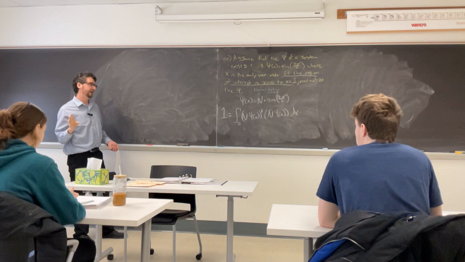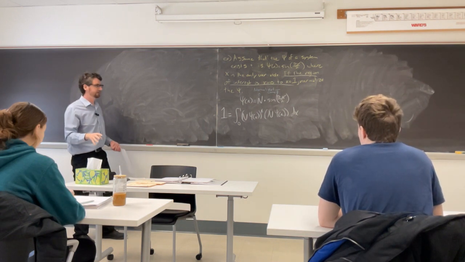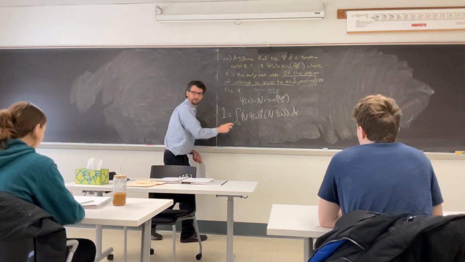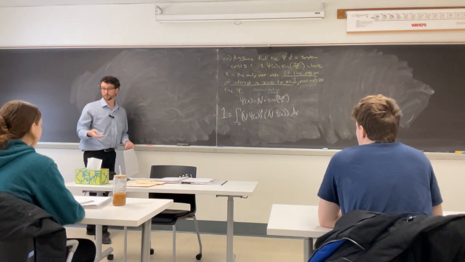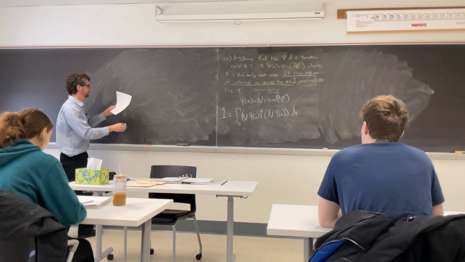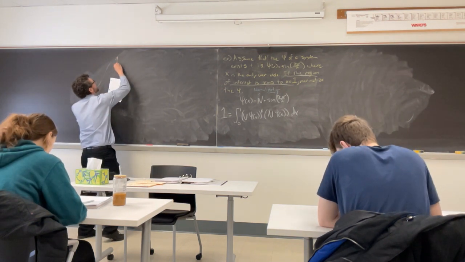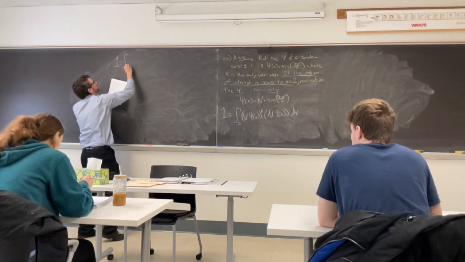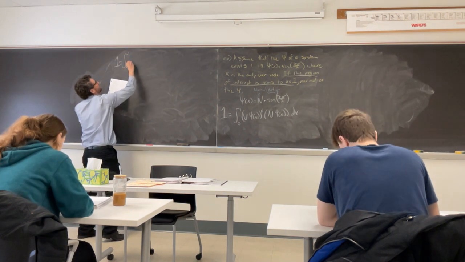Okay, if you notice, I have the n in the complex conjugate portion here. That could impact things if there's an i. Well, let's see if it will. So we got 1 equals the integral from 0 to 1.